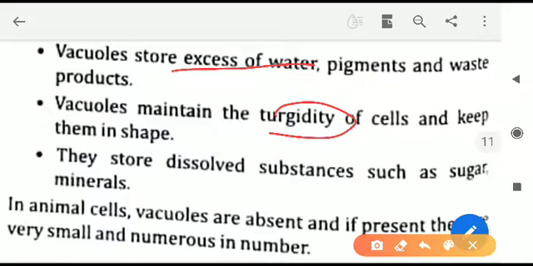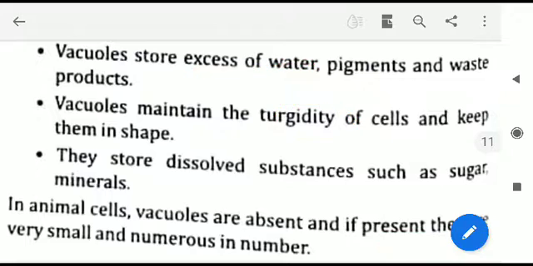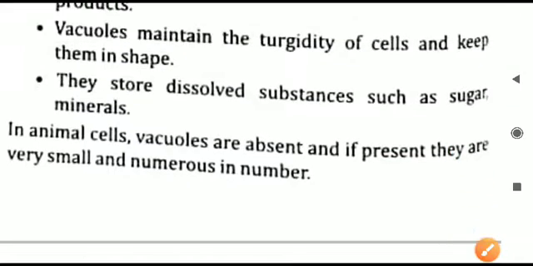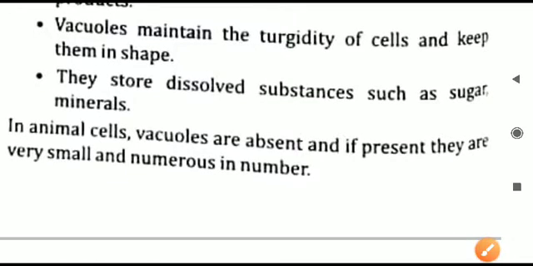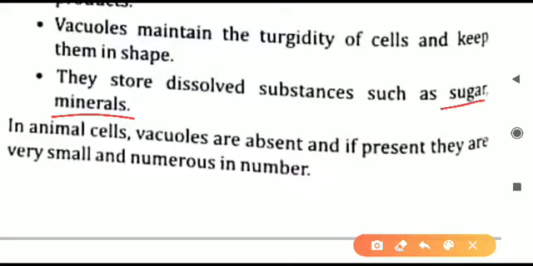How much water is stored in the plant cell or in the animal cell? If more water is there, it will enter the vacuole. Next, they will store dissolved substances such as sugar and minerals. So whatever extra food materials are there, they can be stored temporarily, only for a short period of time. Extra food materials can also be stored in the vacuole itself.